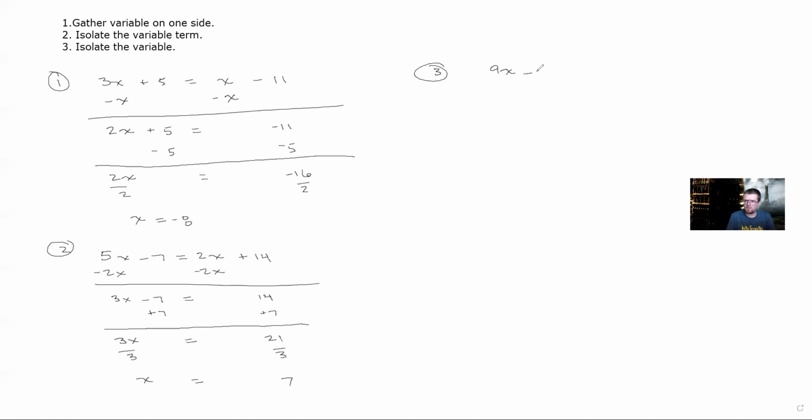9x plus 17 equals 4x minus 13. So first gather the variables on one side. I'll subtract 4x.